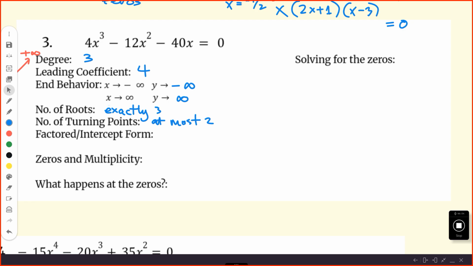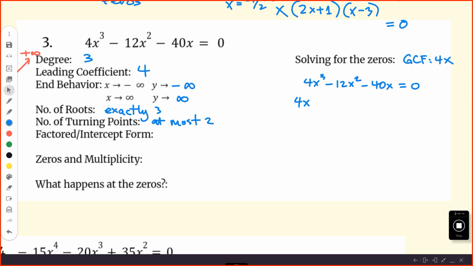Okay, so this is already in standard form, so we just have to factor out the greatest common factor, right? So this is 4x cubed minus 12x squared minus 40x equals 0. So what is the GCF? 4x. Correct, 4x.